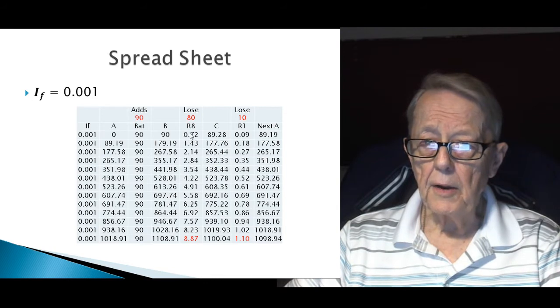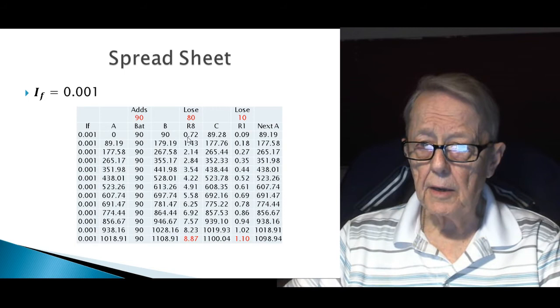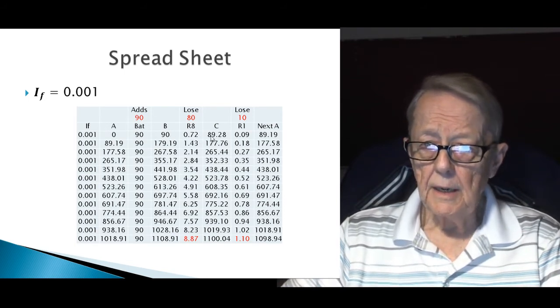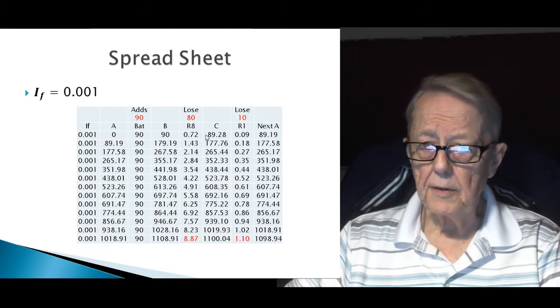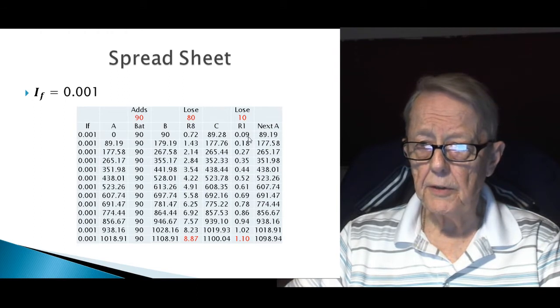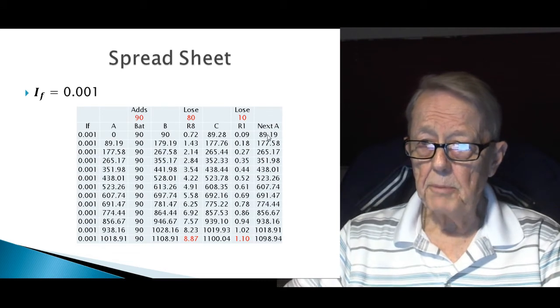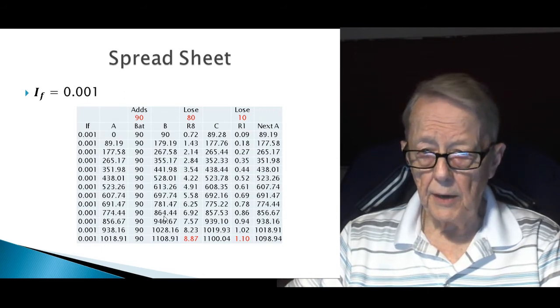And then I calculate using the formula how many are going to be lost, how many I have to lose, and it says that with 90 in, I'm only going to lose 0.72. Subtract 0.72 from 90, you get that. Then this is going into the resistor, and you find out you only lose 0.09. And you get 89.91 back at point C, and so I throw that number into here, and I just go down and repeat it.